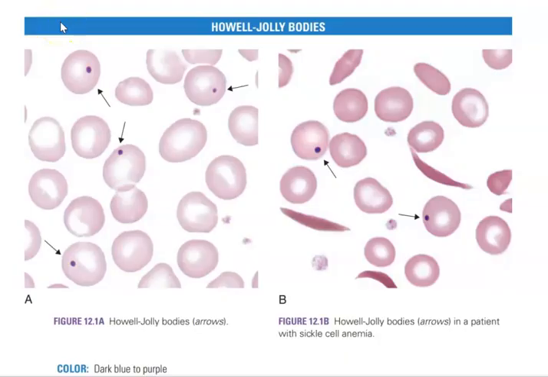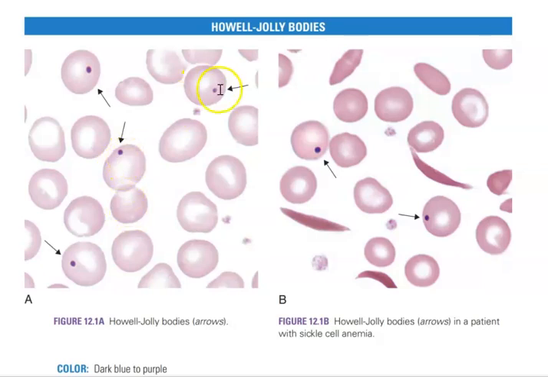The first inclusion that you can see in your red blood cells, or your erythrocytes, that we're going to discuss is called Howell-Jolly bodies. These are these little purple dots inside the red blood cells that the arrows are pointing to on images A and B. These can be anywhere from dark blue to purple, and they're usually round to oval in shape.